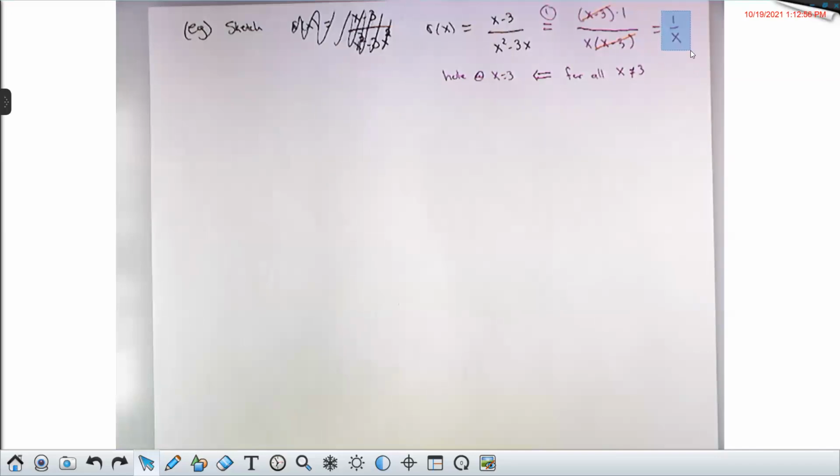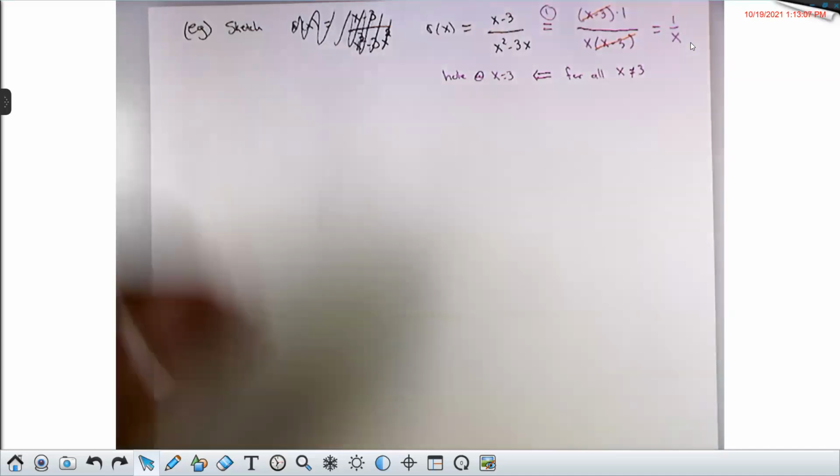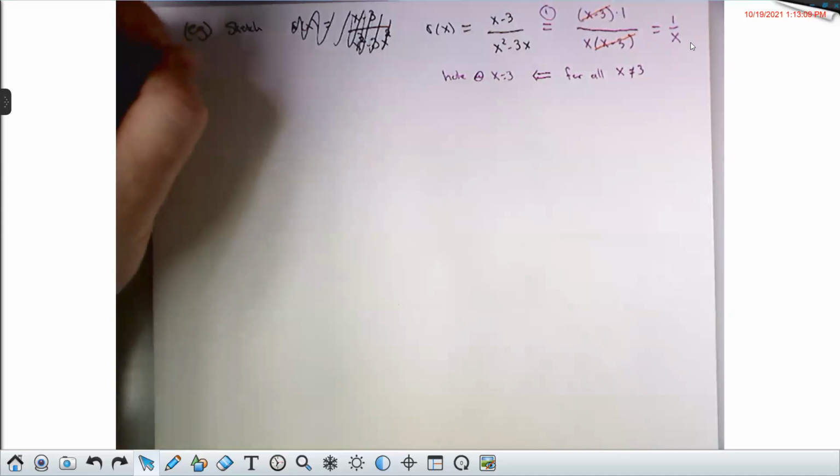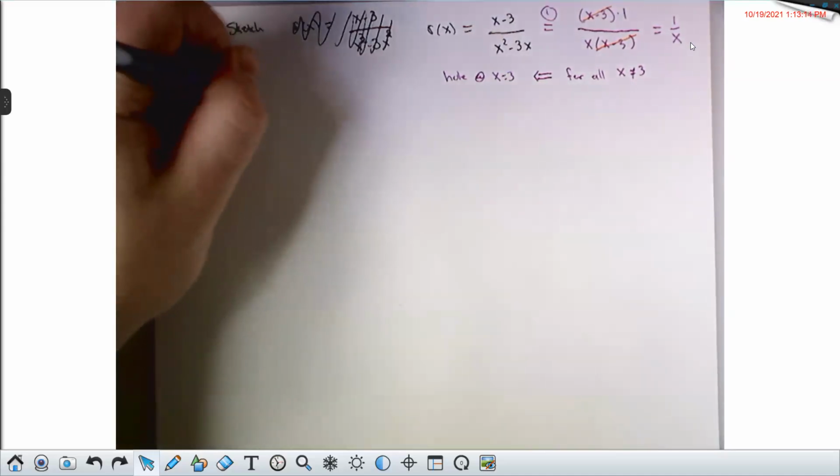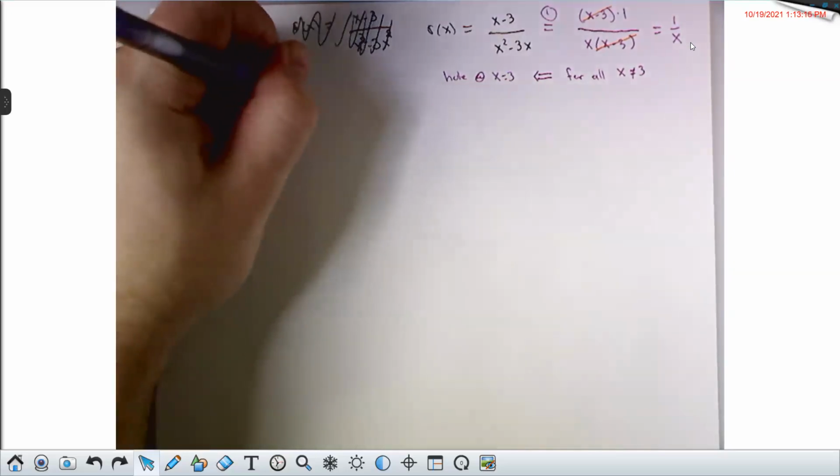As I go to work on graphing this, I would run through that procedure with this simplified function. I do know what the graph of 1 over x looks like, and we could just draw that. That's one of our parent functions, but just for practice, let's pretend we're going to do all the other stuff. So do I have any vertical asymptotes? Yeah, x equals 0, and its multiplicity is 1.